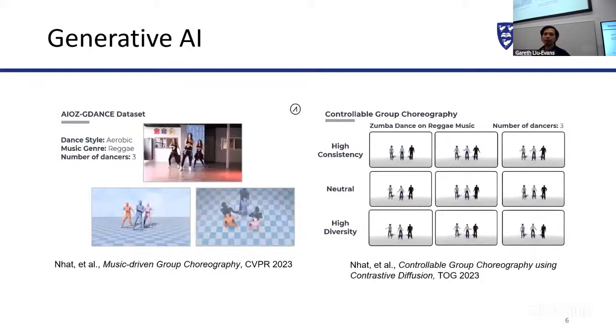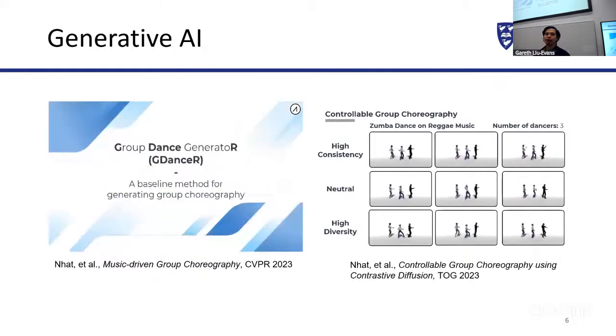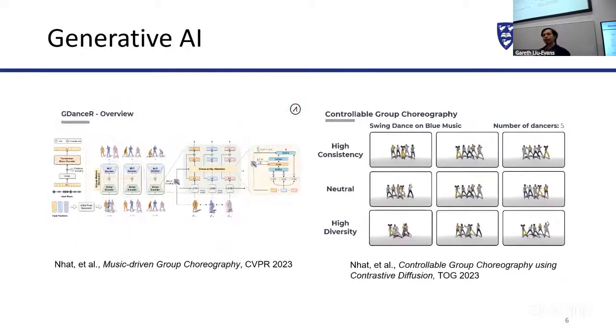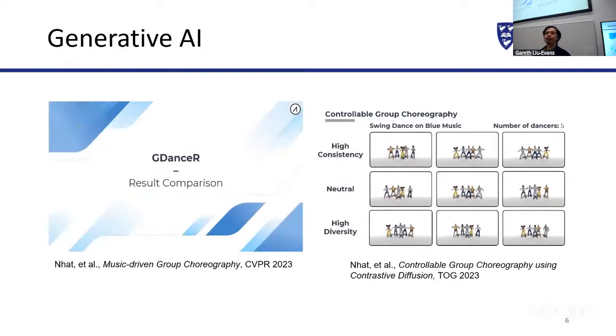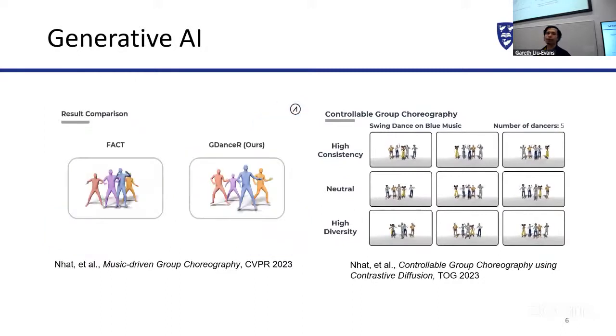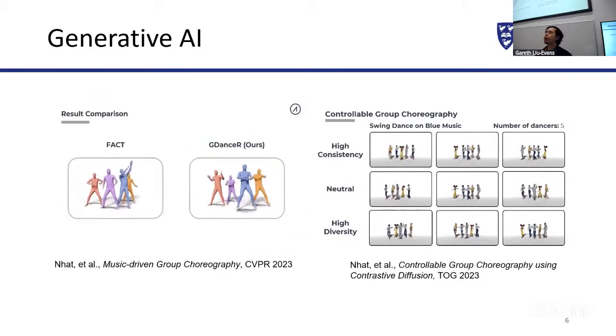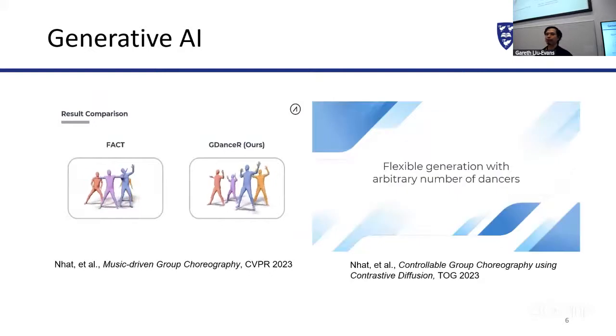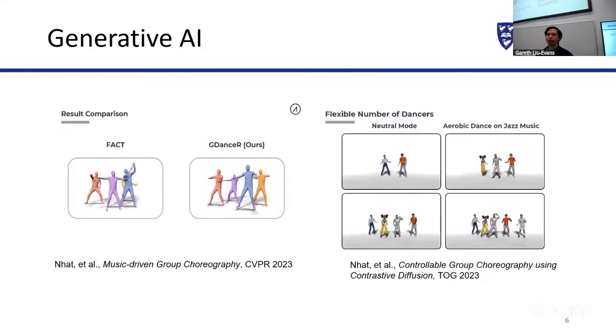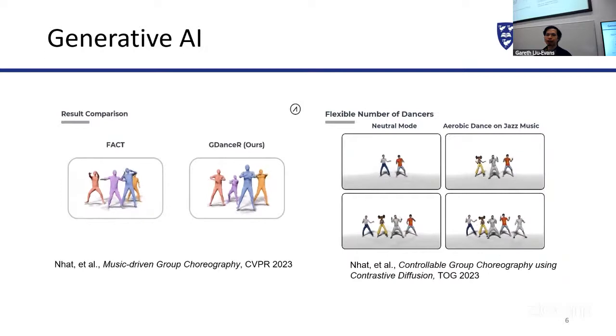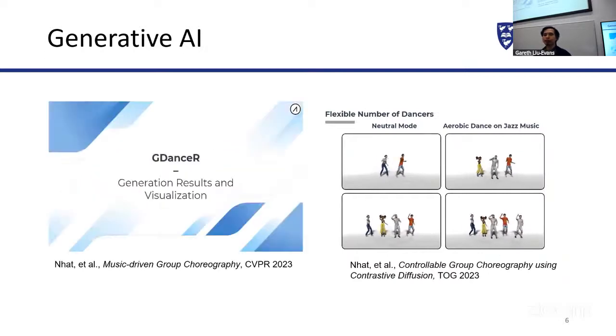We also developed an AI model for this problem, and the main contribution is a model that can control the consistency and the diversity of your dance group. If you want to dance very differently from your group, you can control that, or if you want the group dancing motion to be very similar, you can control that parameter to generate the desired outcome.